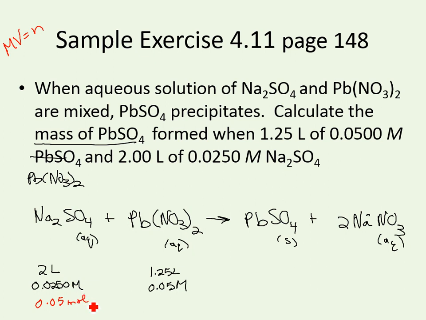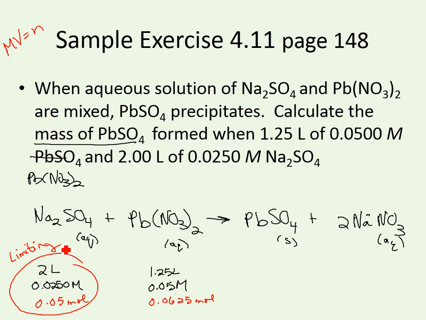For the lead 2 nitrate, I have 0.0625 moles. So since it's 1-to-1 for reactants, I know that sodium sulfate is the limiting reactant. You're going to take the smallest one, it's 1-to-1.